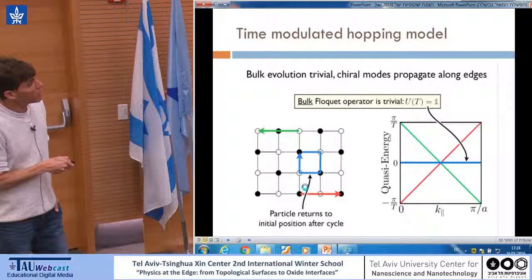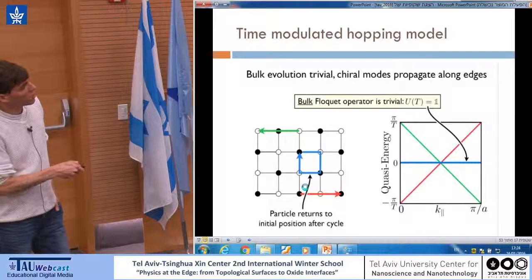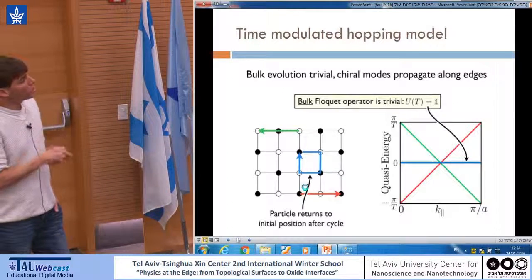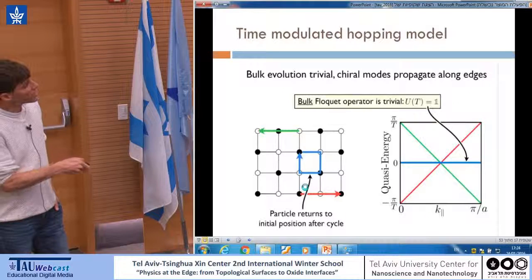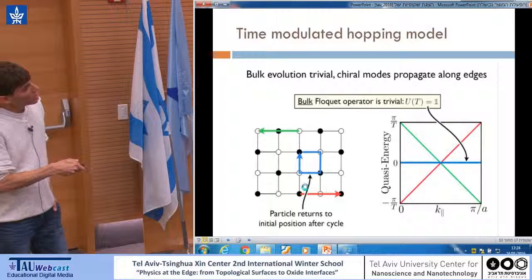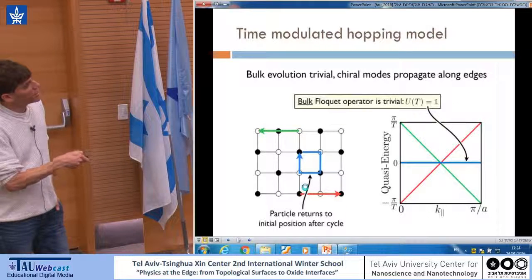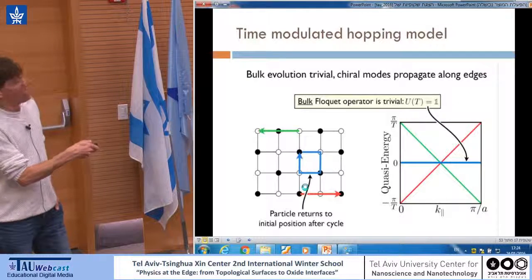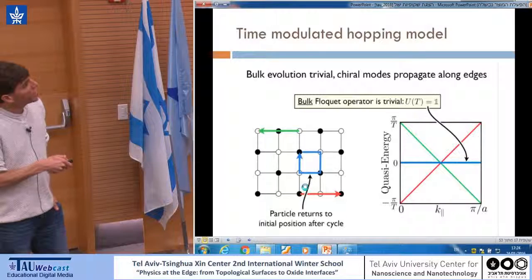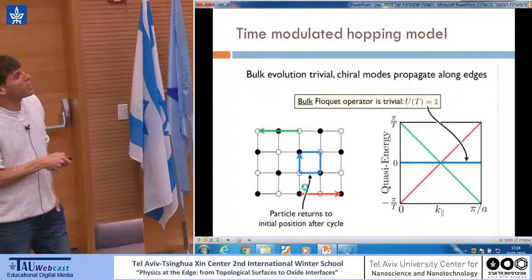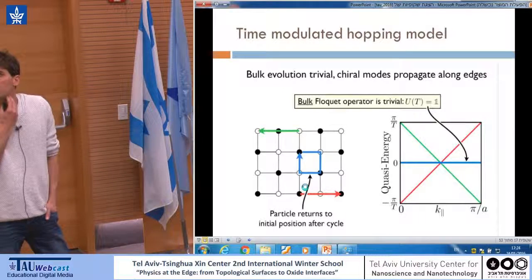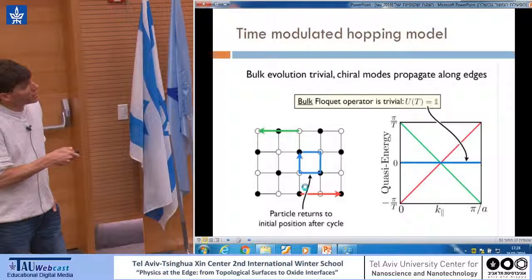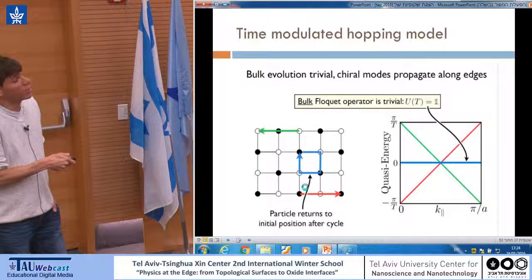And if you start a particle on the black sites, on the bottom edge here, you'd see that in each period it moves 2 sites to the right. So you explicitly see in this model that there is a chiral edge state propagating on one edge and another chiral edge state propagating on the top edge. And you also see that the bulk is completely trivial, in the sense that every particle just returns to its original position. In fact, the bulk Floquet operator is just the identity.